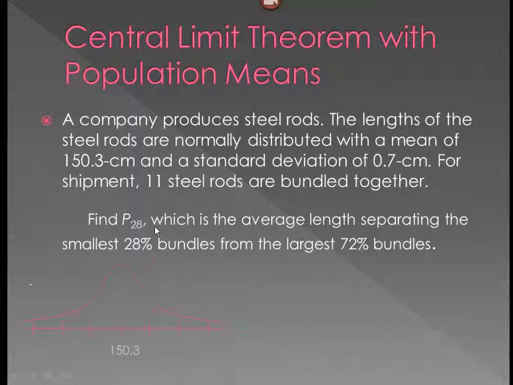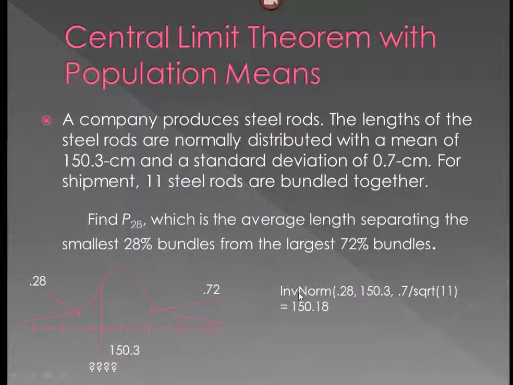So in this case, I'm looking for the boundary value, which I don't know what it is, that would separate the bottom 28% of my data from the top 72% of my data. In this case, we're being given a percent, so we turn to invert norm.